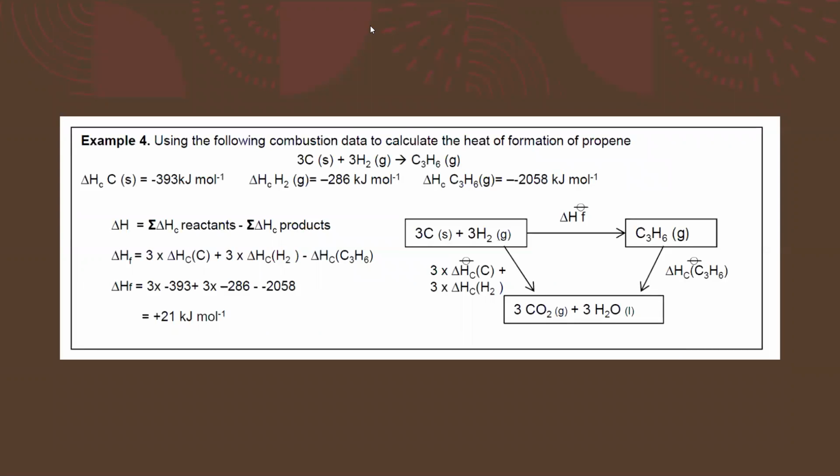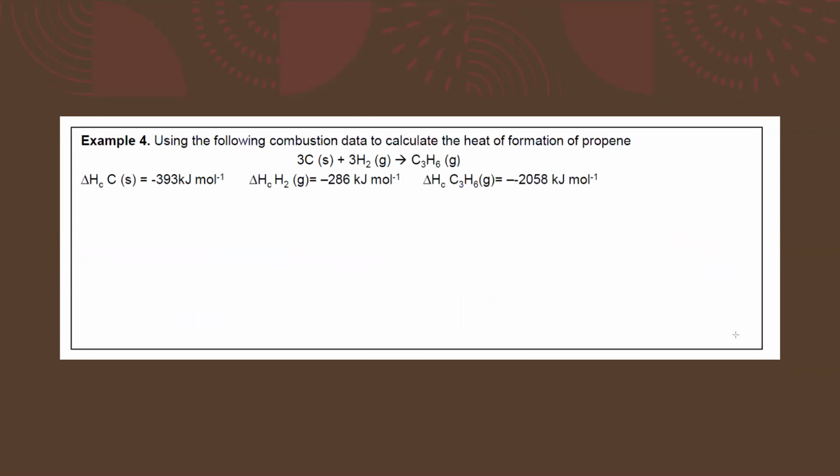So again, if you want to solve this, as the combustion values are given, three carbon plus three hydrogen gives C3H6.